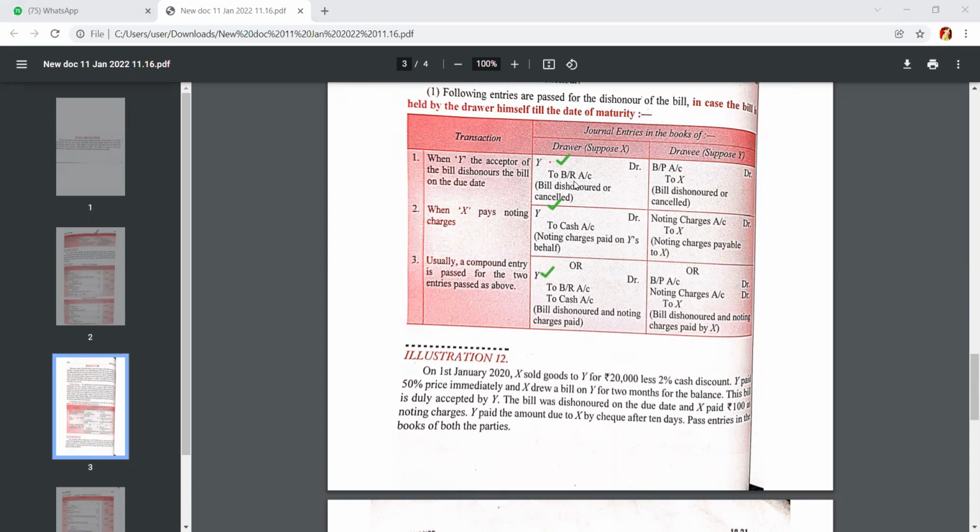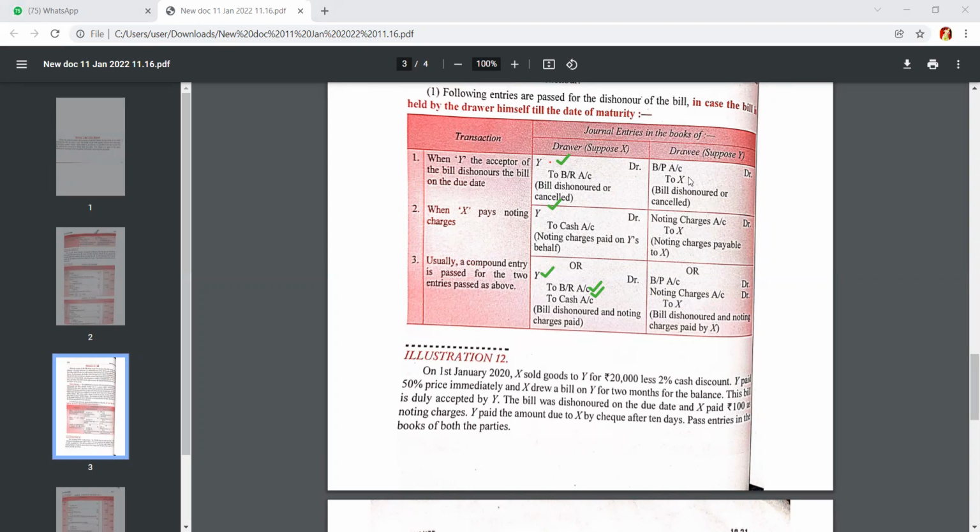On this side, we are just doing the BR credit. In this entry, we are making cash credit. We can do it combined to BR to cash account. We can make this entry combined as well. Whether you put these two entries separately, that will be correct. If you do the combined entry together, then it also will be correct.